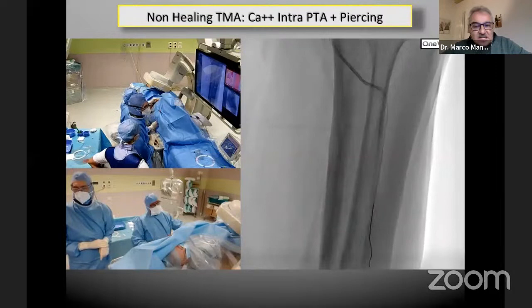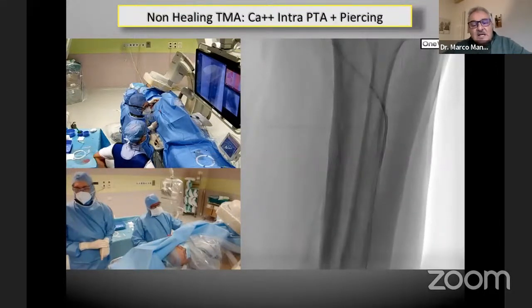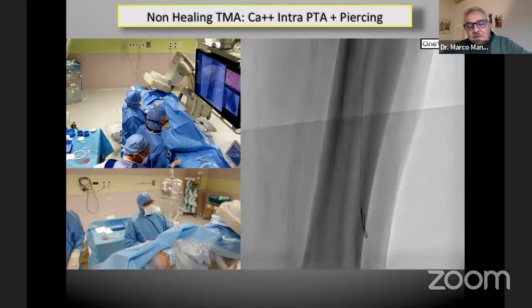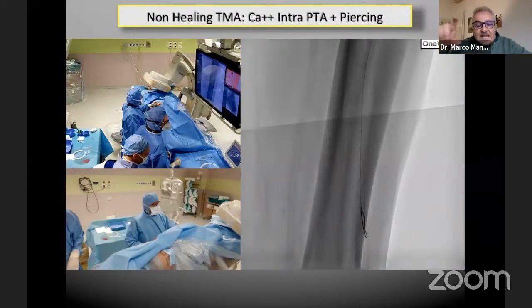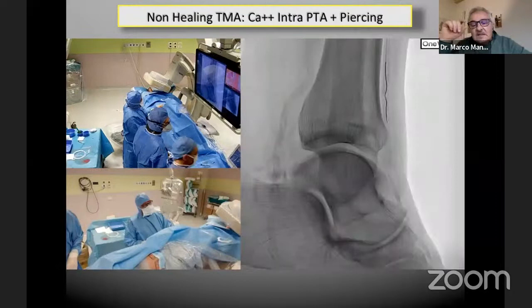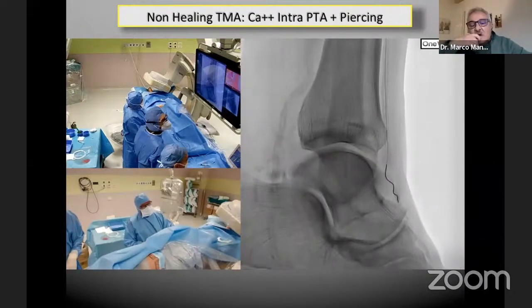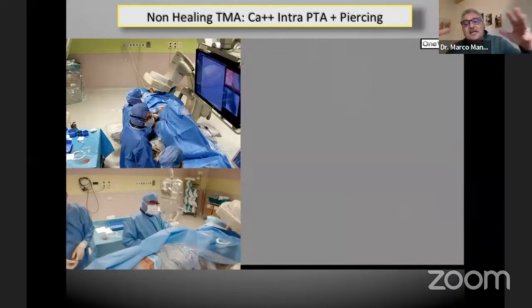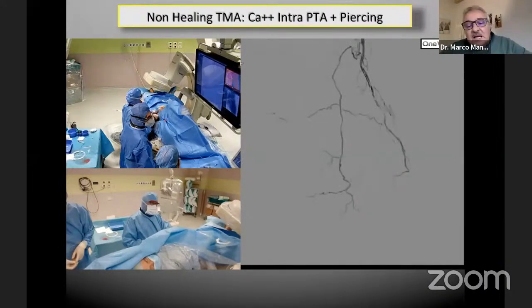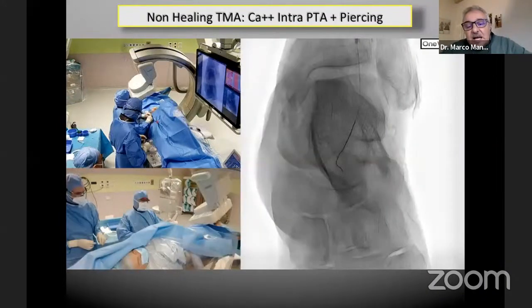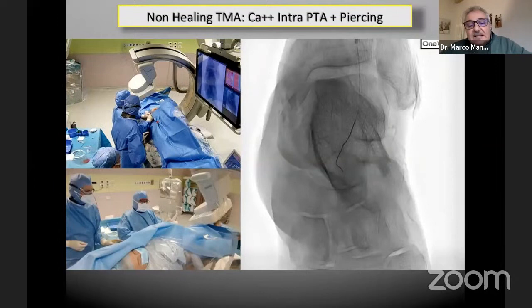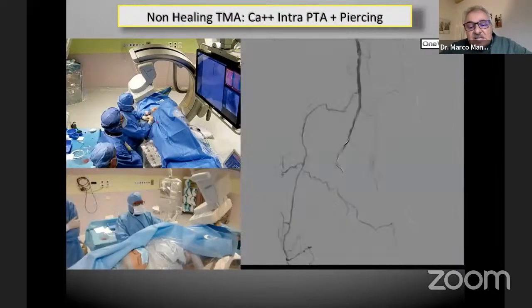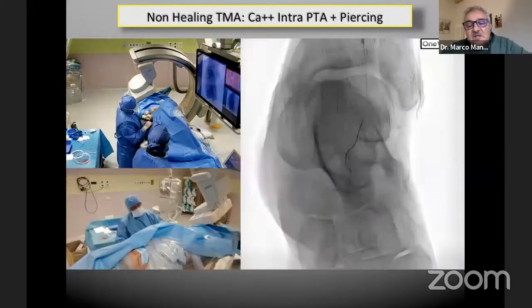You can see here the attempt to recanalize even the dorsalis pedis. So we had a short occlusion of the dorsalis pedis, so we try to complete the outflow into the non-healing amputation. Again, a very, very tight calcified stenosis.